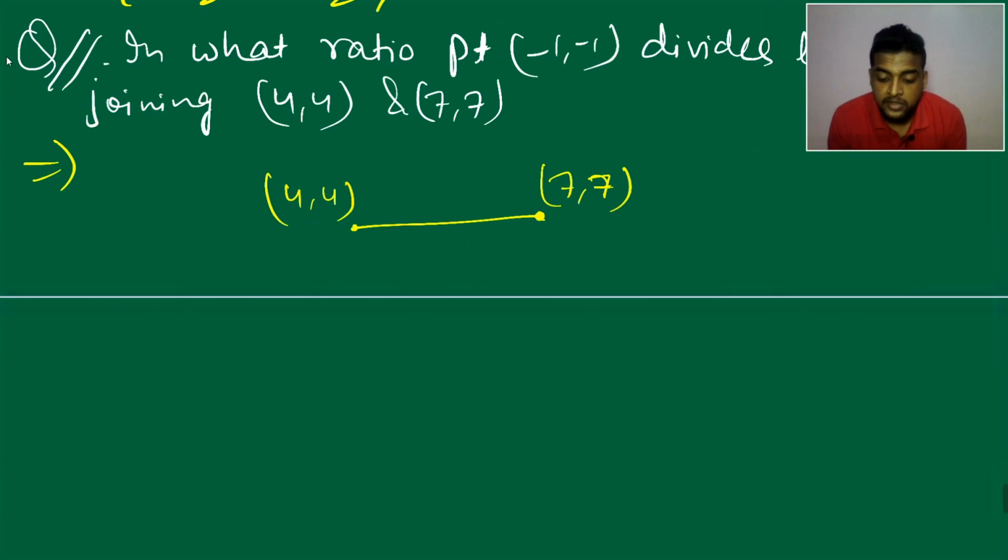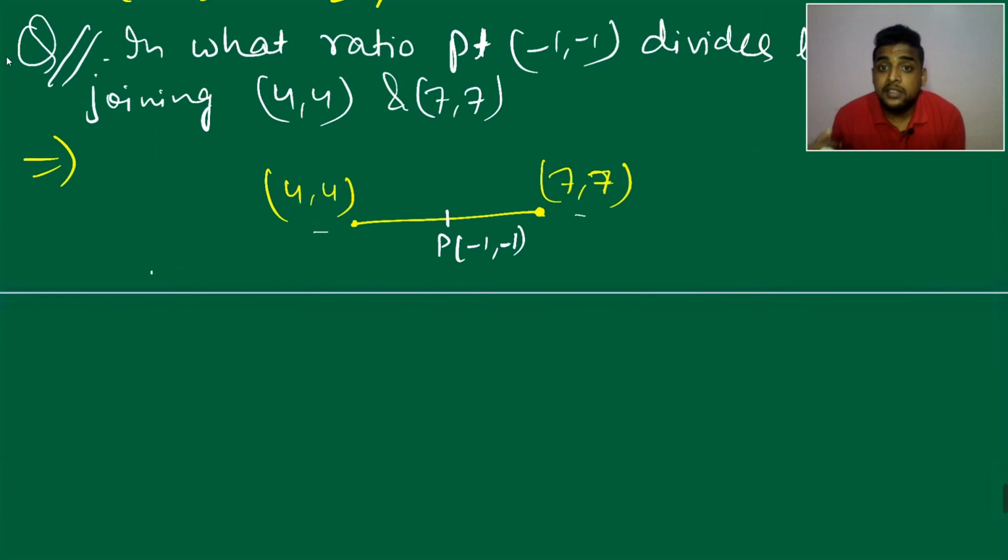Now someone may say that sir, it is clear that 4 comma 4 is here, 7 comma 7 is here, so -1 comma -1 is somewhere here, so it is in any case external. But for now let us assume we don't know where -1 comma -1 lies. So let point -1 comma -1 lie as an internal divider. Any problem? Let's see what happens.